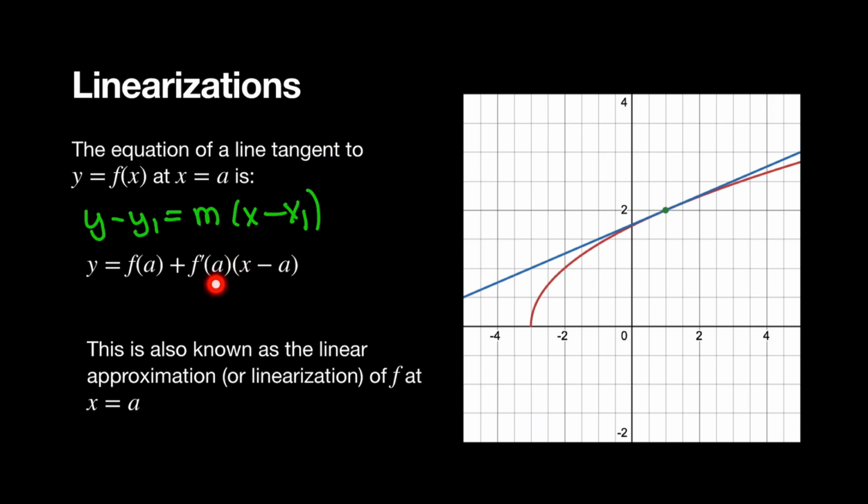The m is my derivative. We know the derivative gives the slope of the tangent line. And then the y1 was just moved to the other side of the equal sign, so that's why we have this f of a on the right-hand side. So this tangent line is also called a linear approximation or a linearization of this function at x equal a.